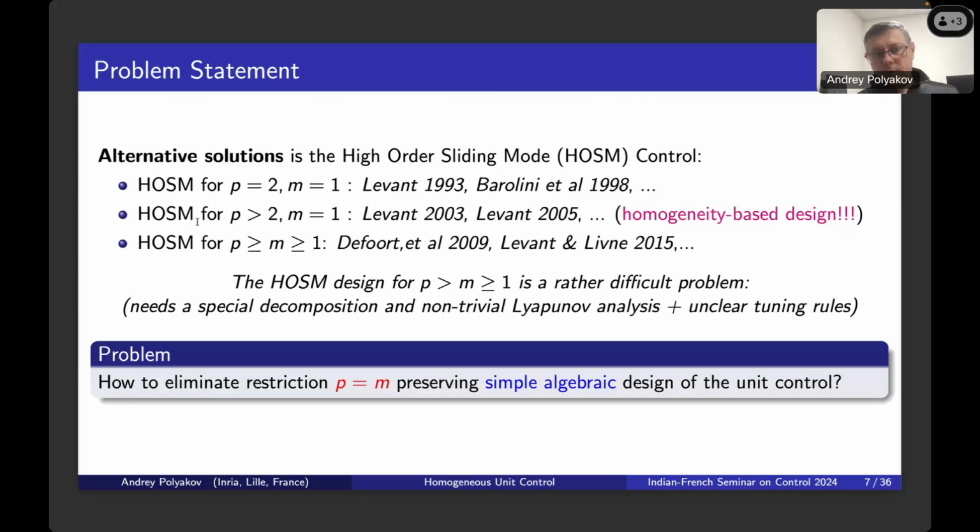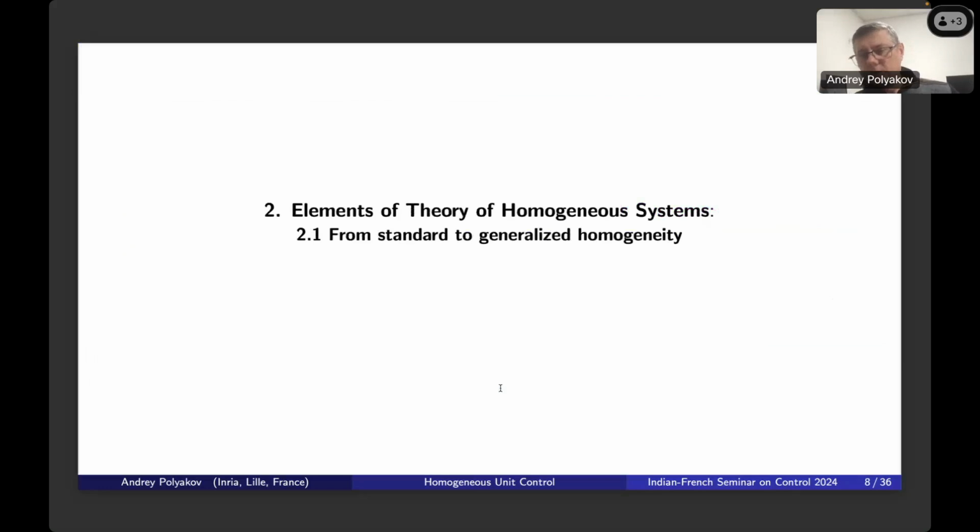So the problem we are going to discuss is how to eliminate this restriction about surfaces but preserve the simplicity of the design. And the key tool for this is homogeneity.